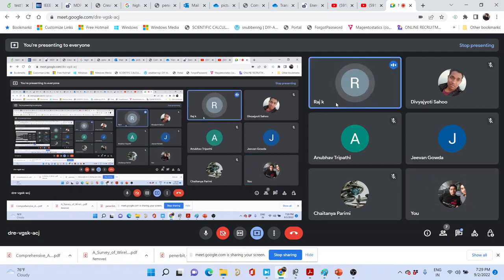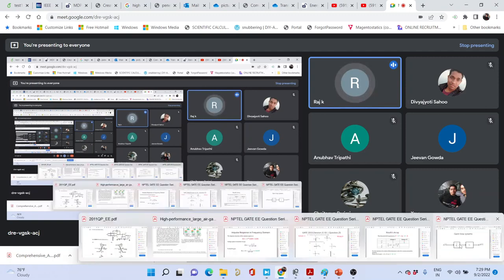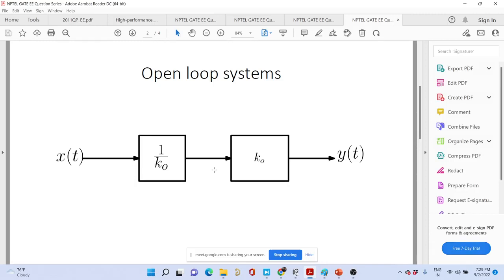Actually, if we compare the reference input with the output, if the output is deviated from the reference input, to minimize the error and to control the reference input, we use feedback.